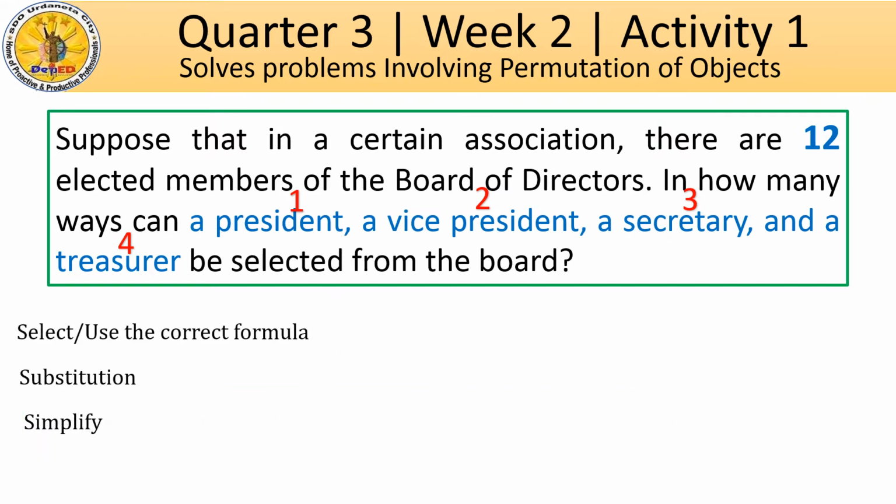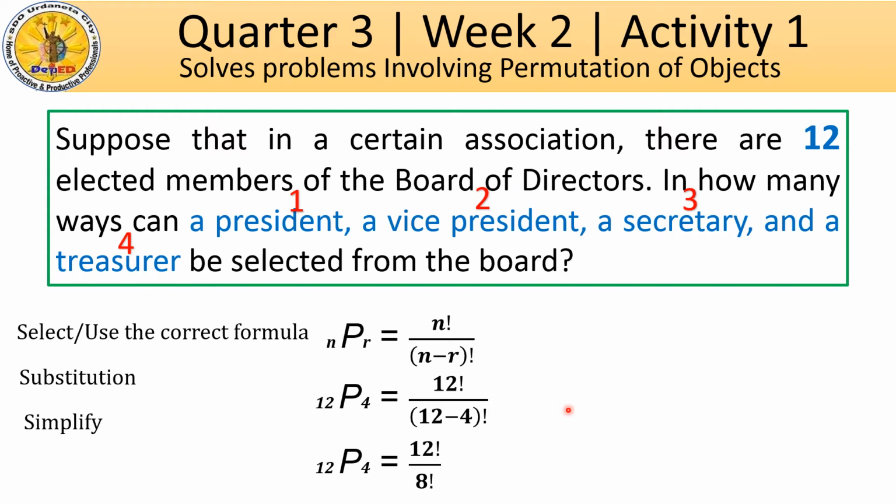Let's have the step-by-step solution. Write the correct formula, n factorial divided by the quantity of n minus r factorial. Do the substitution. Replace n by 12 and r by 4. Then simplify. 12 minus 4 is 8 factorial.